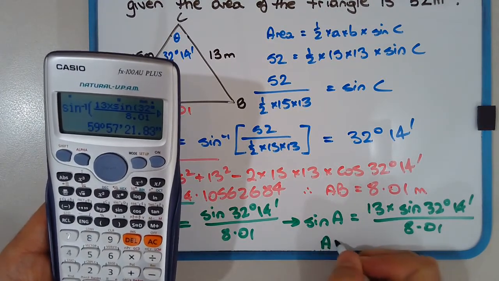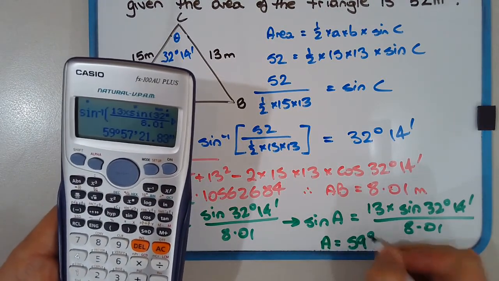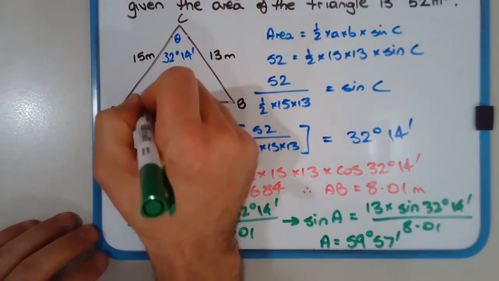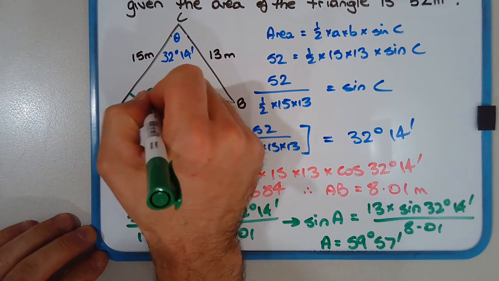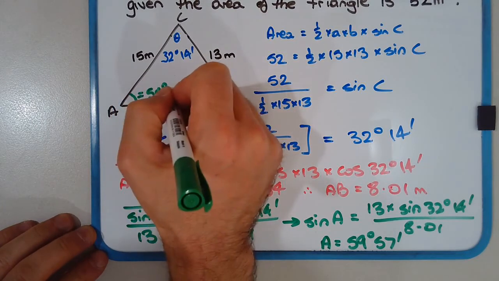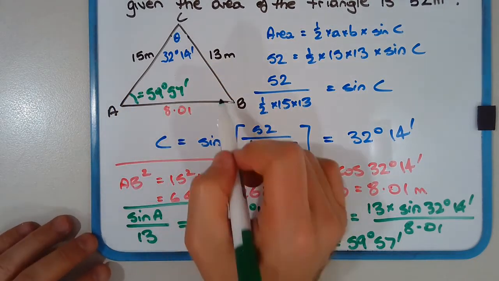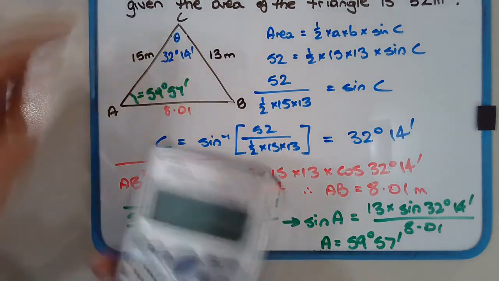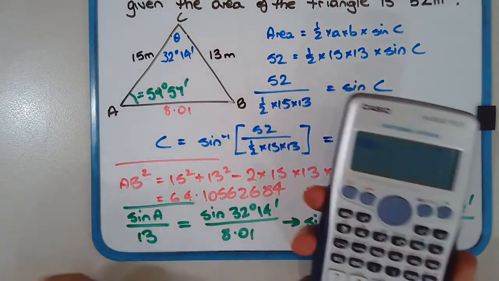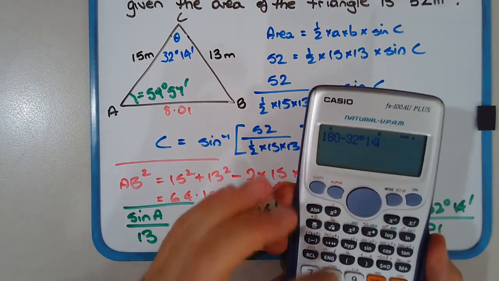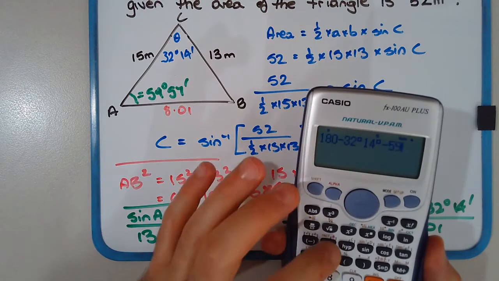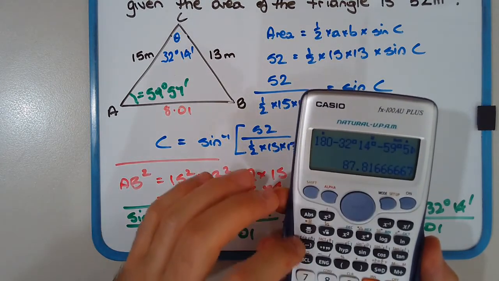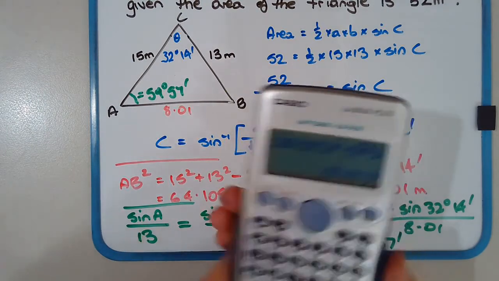So A is equal to 59 degrees, 57 minutes. Which means that now we can find angle B, using the angle sum of a triangle, 180 degrees: 180 minus 32 degrees, 14 minutes, minus 59 degrees, 57 minutes. And we end up with 87 degrees, 49 minutes.